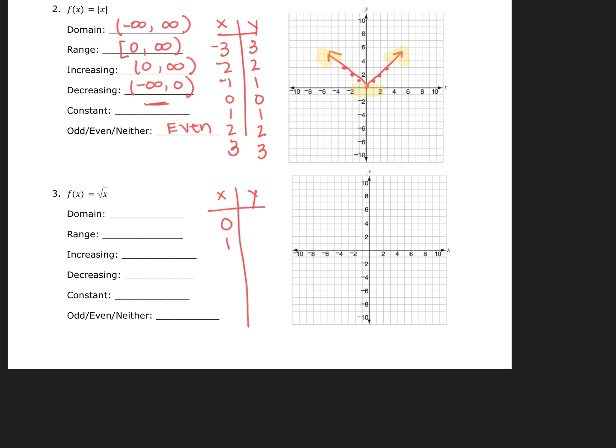So I can take the square root of 1, the square root of 4, and the square root of 9. So these are going to be the 4 x values I'm going to use that are going to give me the nice original shape of this graph. Square root of 0 is 0, square root of 1 is 1, square root of 4 is 2, square root of 9 is 3. We can plot those points then.